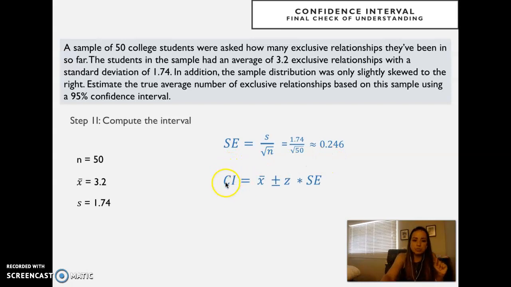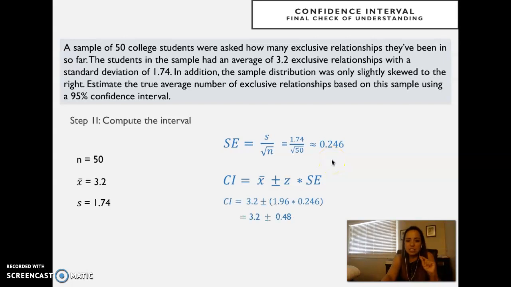And the confidence interval is the mean, which we have, plus or minus the z that gives us 95% confidence, which by now you should be starting to memorize. That's 1.96. And the standard error is what we just computed here, 0.246.